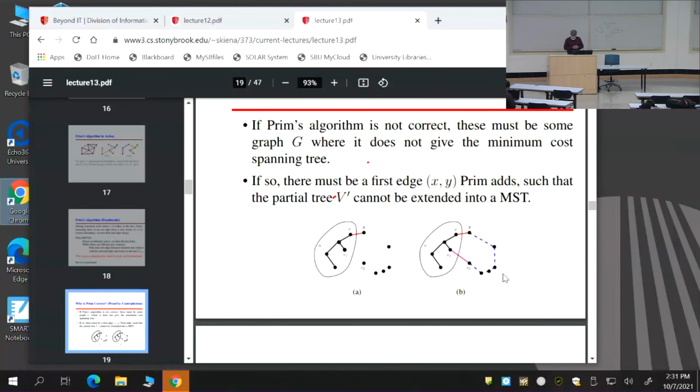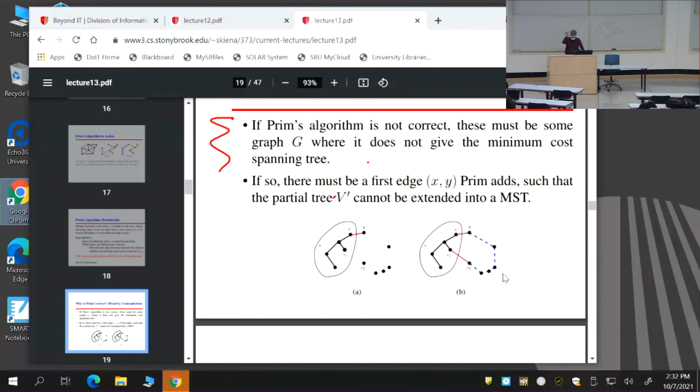We're going to do a proof by contradiction. What is a proof by contradiction? We're going to assume that Prim's algorithm is not correct. What does it mean if Prim's algorithm is not correct? It means there must be some graph where it doesn't give me the minimum cost spanning tree.